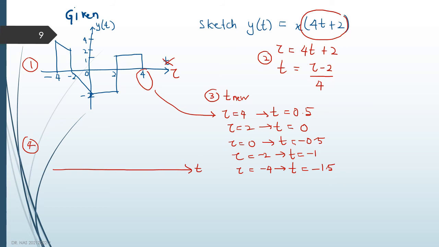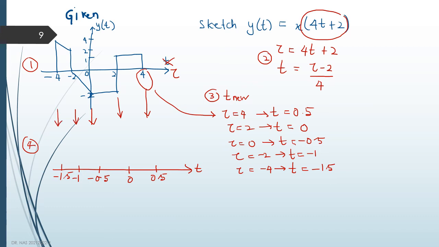So when tau equals 4, it is 0.5, and 2, 0, 0 is negative 0.5, and negative 2, negative 1, negative 4, negative 1.5. Okay, same position as the original axis.